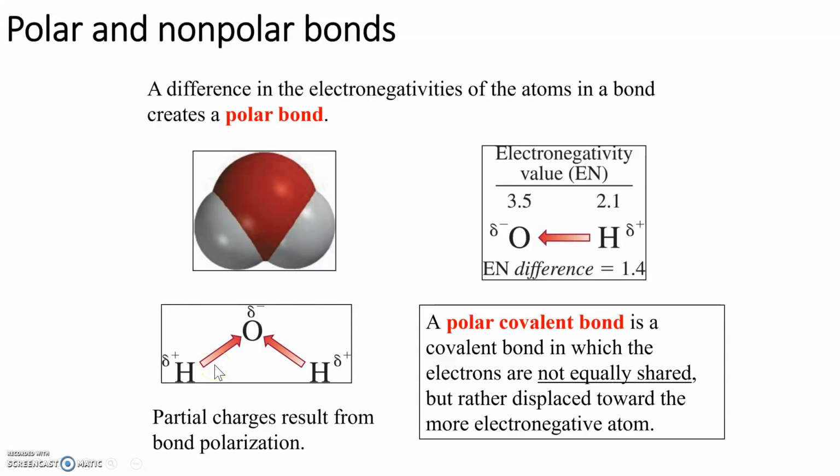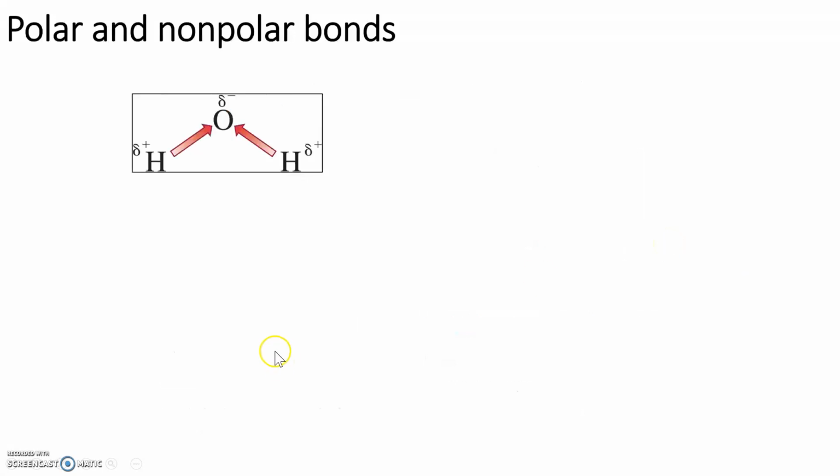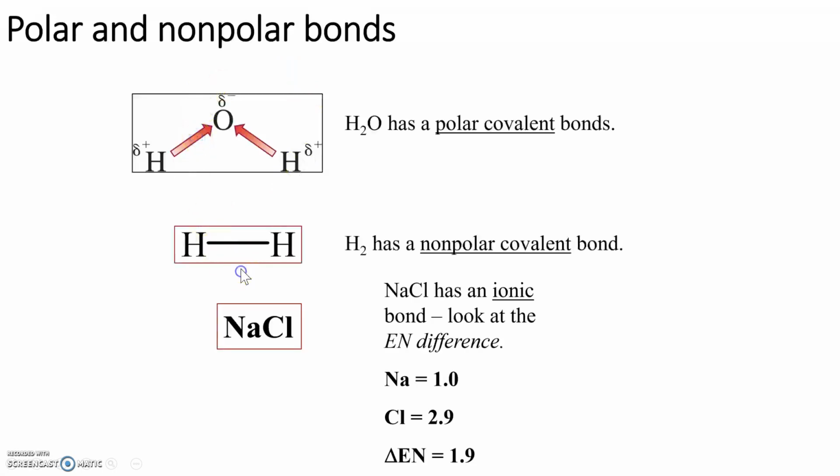A polar molecule just means that the molecule has charge distribution throughout, that the electrons are not evenly shared throughout that molecule. So again, if we look at water, this is a polar covalent bond. Water we know is covalent, and it's polar because the electrons are not equally shared.